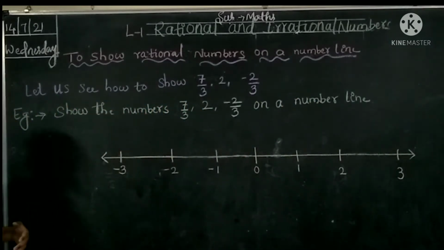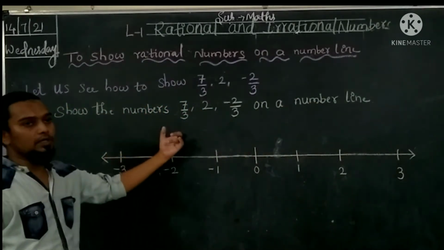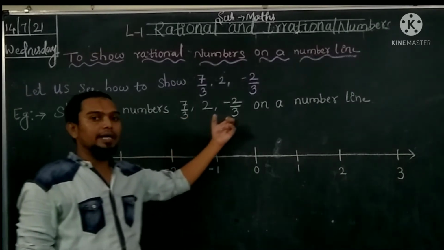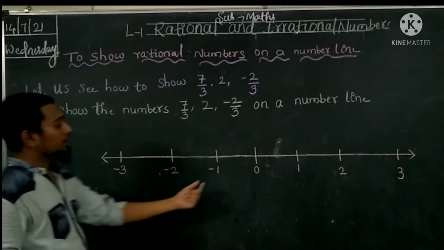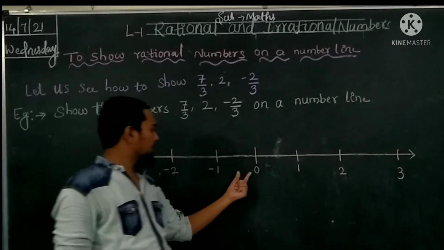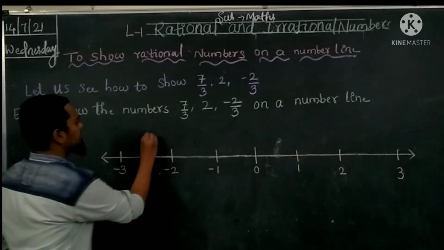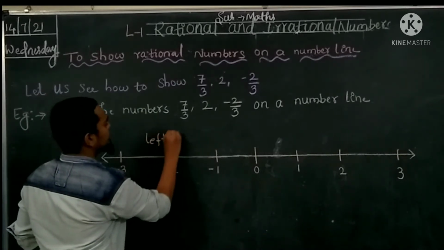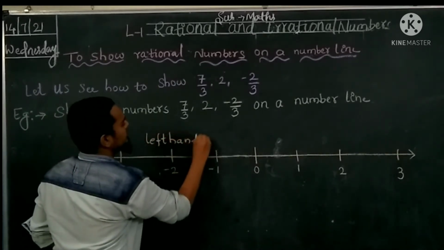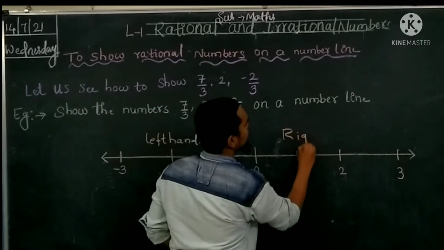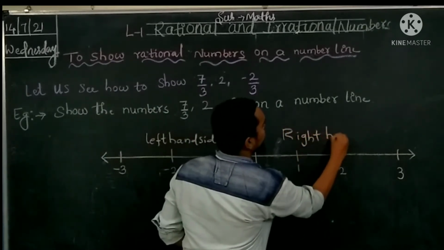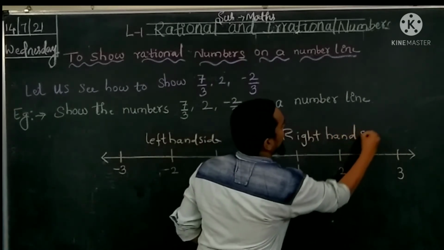In this given number line, we will show 7 upon 3 and minus 2 upon 3. First of all, this is the left hand side and this is the right hand side.